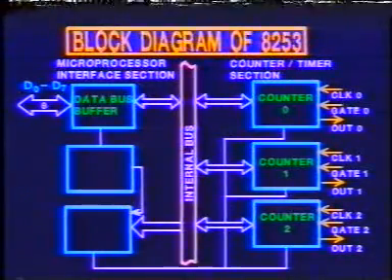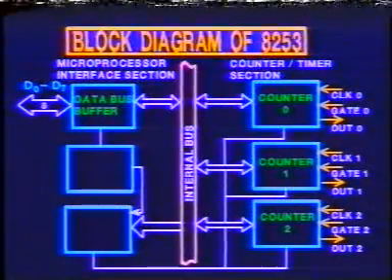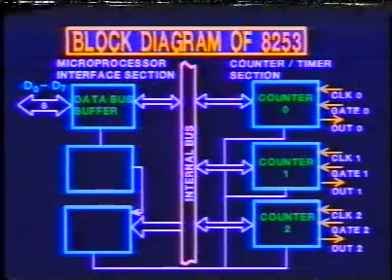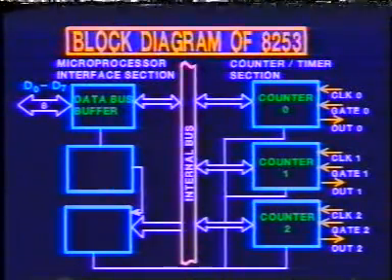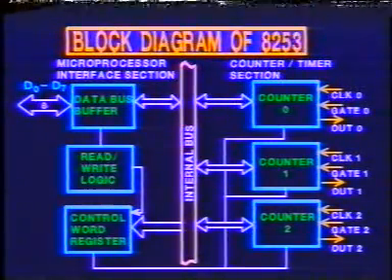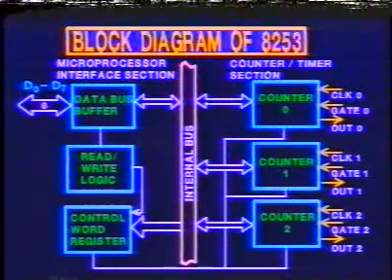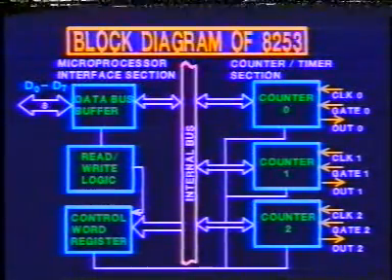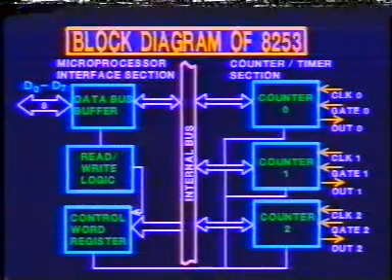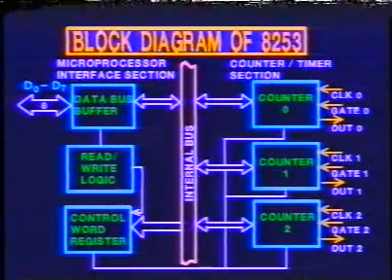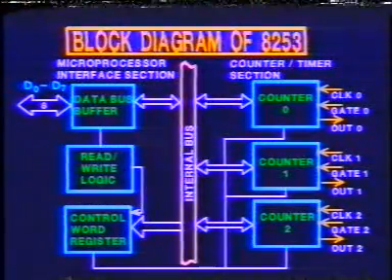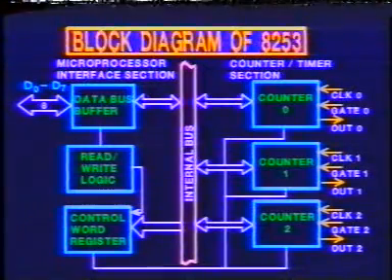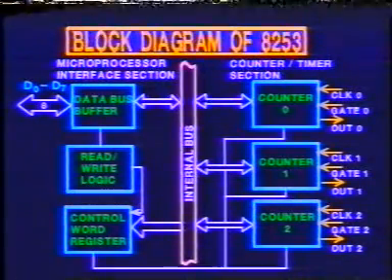The 8 data lines D0 to D7 are connected to the data bus of the microcomputer. Each counter presents a logical register to the CPU. The device presents a total of 4 logical registers to the CPU, 1 for each counter and 1 more for the control.